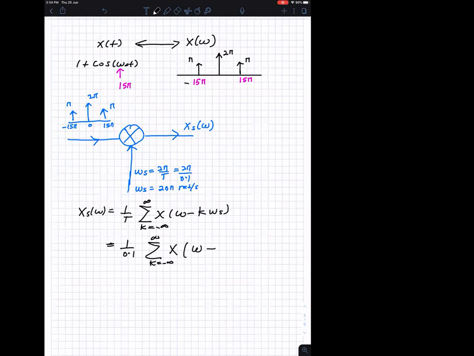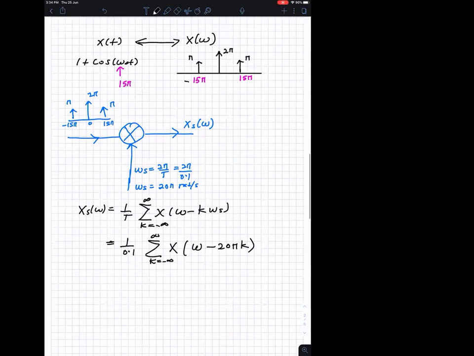What was omega_s? 20 pi. So that's the equation that you need to be able to plot this.